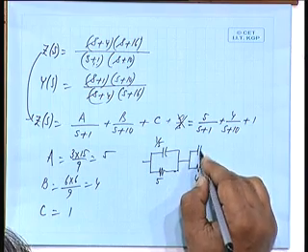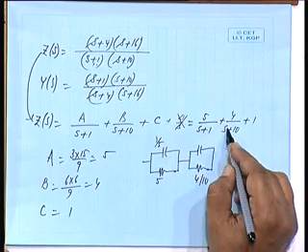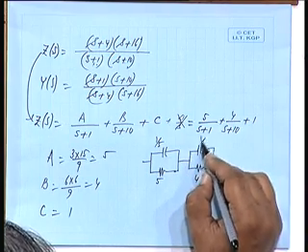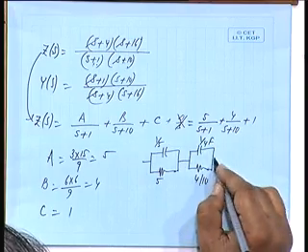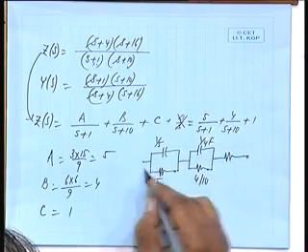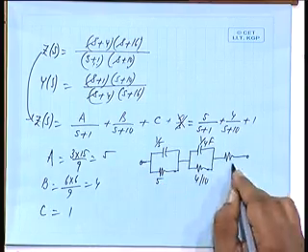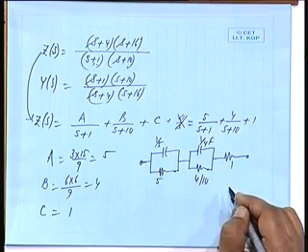S tending to infinity, it will be 4 by S. So, 1 by 4 farad and then 1 ohm resistance. Okay. This will be Foster 1 synthesis for Z(S). Is that all right? Foster 1 synthesis for Z(S).